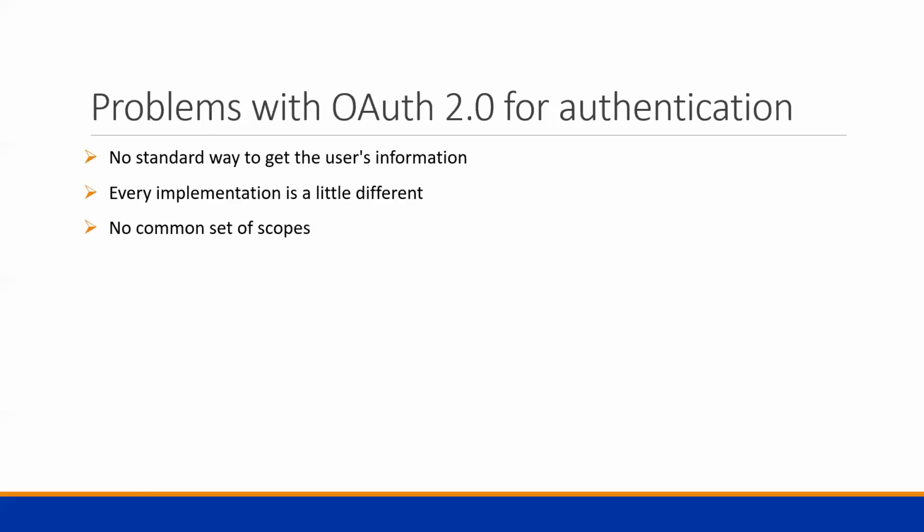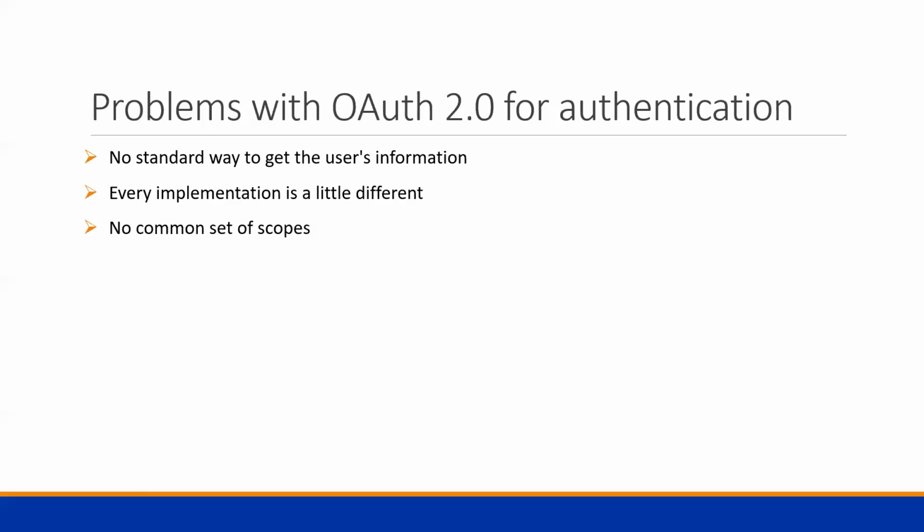So what happened is, say for example you are using an application called Spotify. In Spotify, you used sign in with Google, and it got authenticated, and it sent back your profile information.